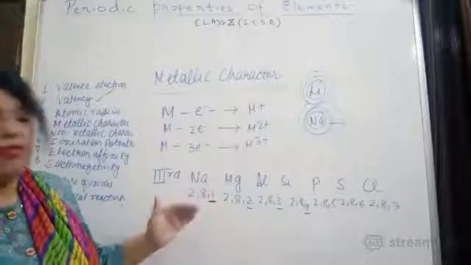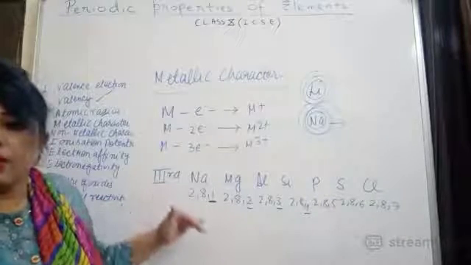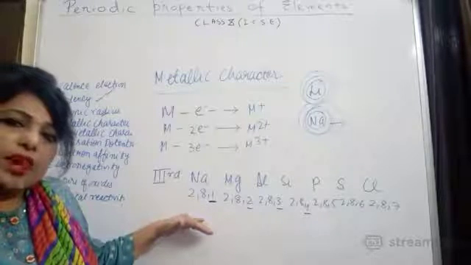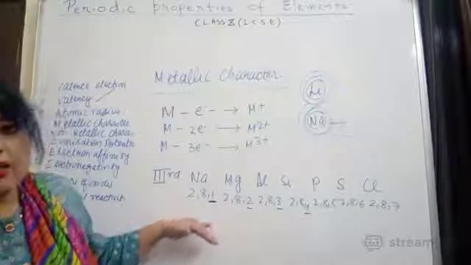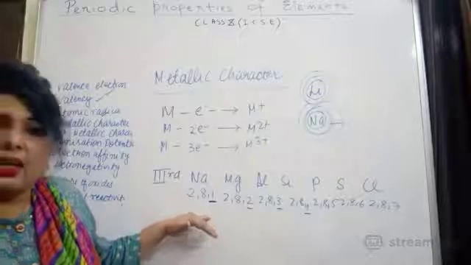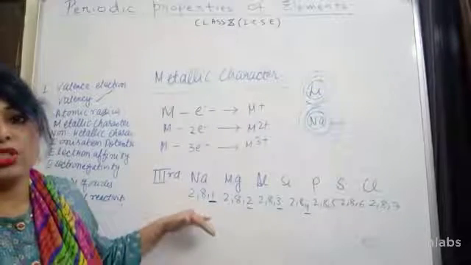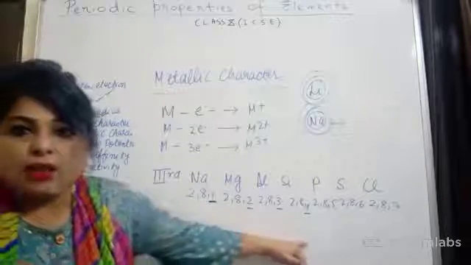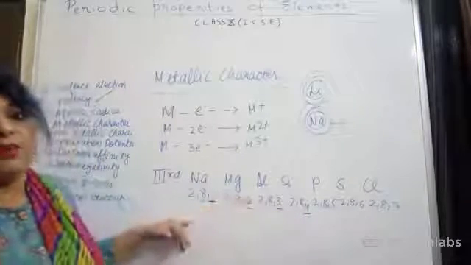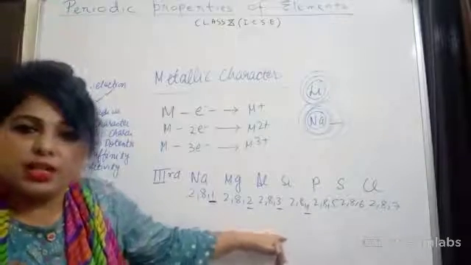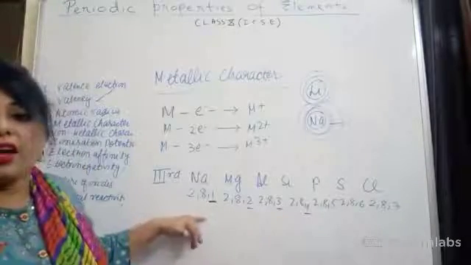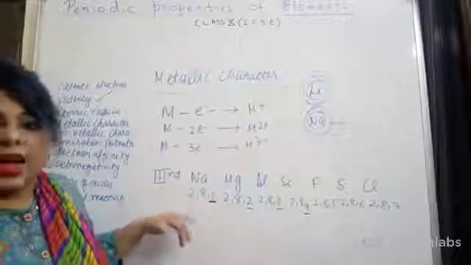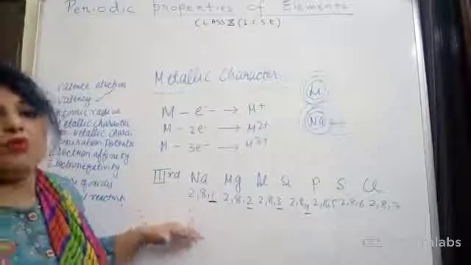It means they will find difficulty losing electrons from the outermost shell. That's why the fewer the valence electrons, the less IP will be required, and they can easily lose electrons from the outermost shell. Understood? So in this case, since valence electrons are increasing, IP will increase, so they will find difficulty losing electrons. So we can say in this case, metallic character decreases when you move from left to right.